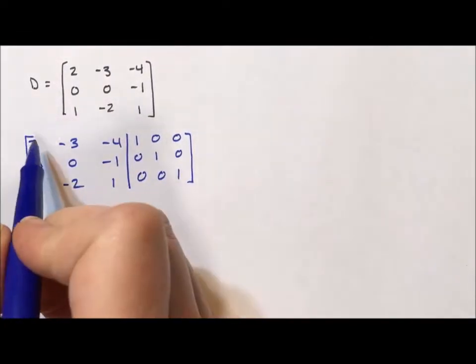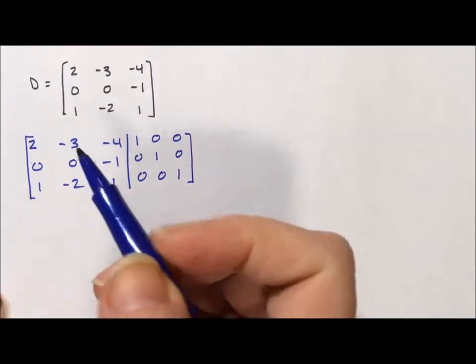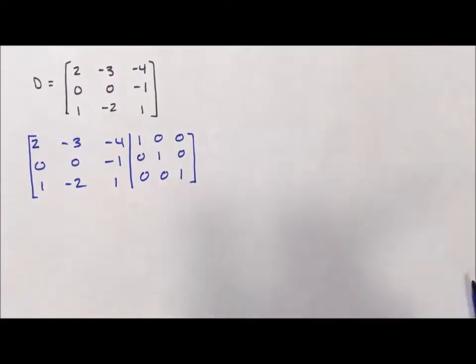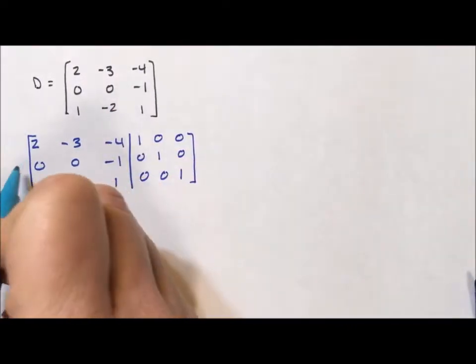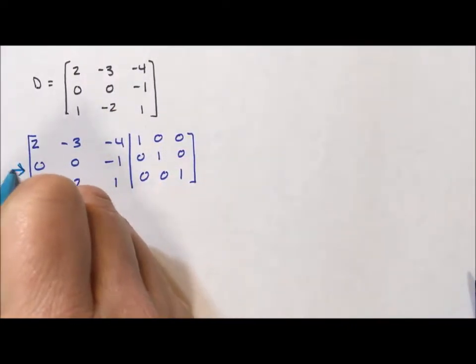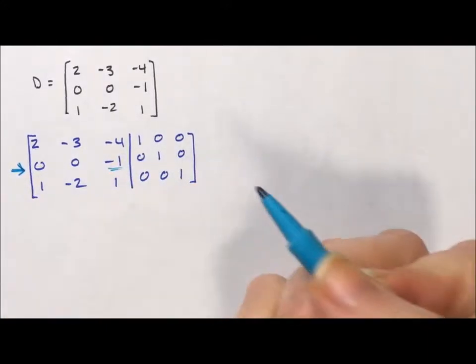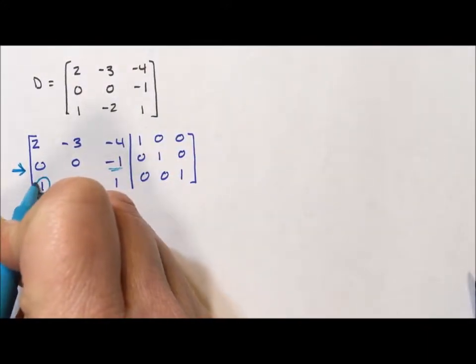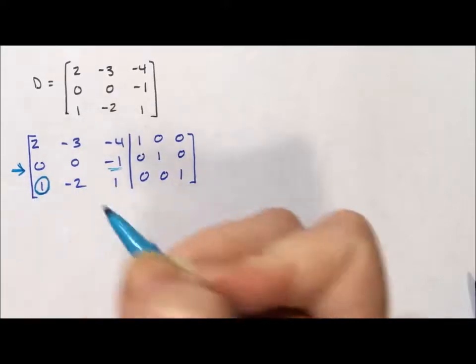So normally I would say pivot on this 2, but there are some things in here that are really intriguing. The first thing that gets my attention is that this row already has a 1. And the other thing is this row has a 1 in the first column.